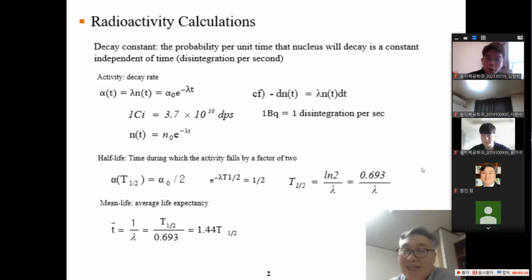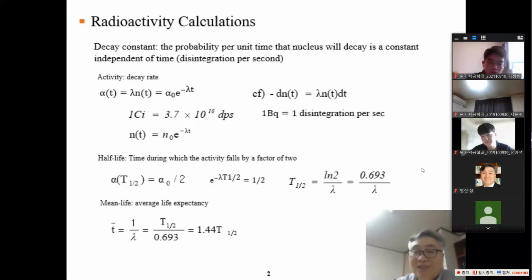So minus dN over dt equals lambda N of t. When we convert this, dN/dt equals minus lambda N.